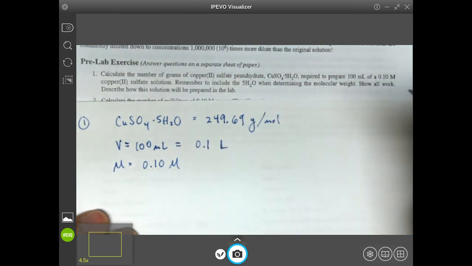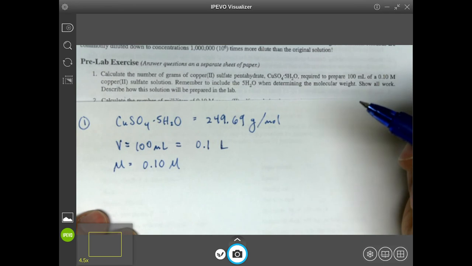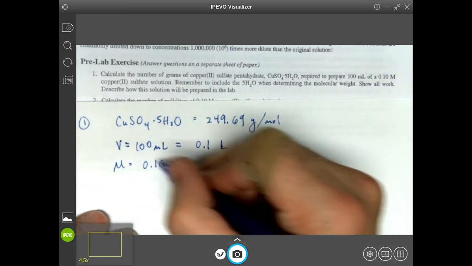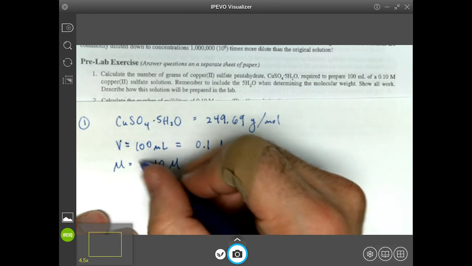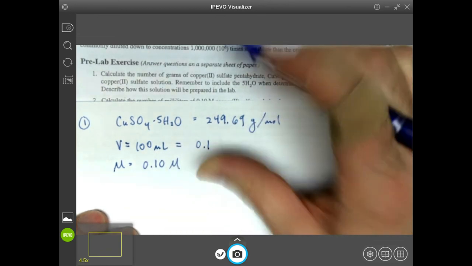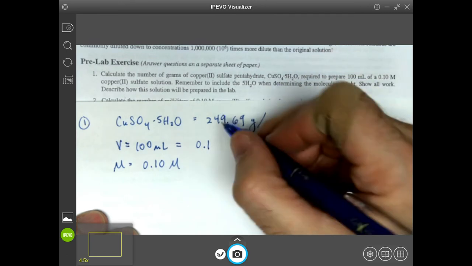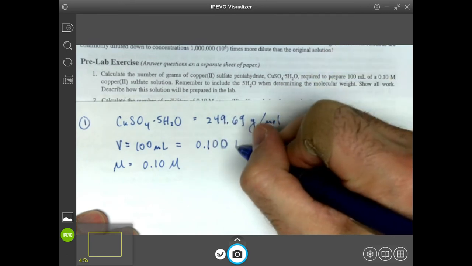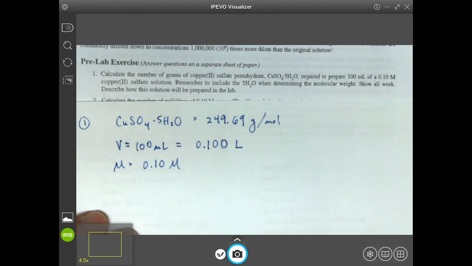Okay. And actually, if you're worried about significant figures, this technically would be 3 because you want it exactly 100. So just so I don't confuse people, you would want, I guess, technically like that if you're thinking of it in terms of significant figures.